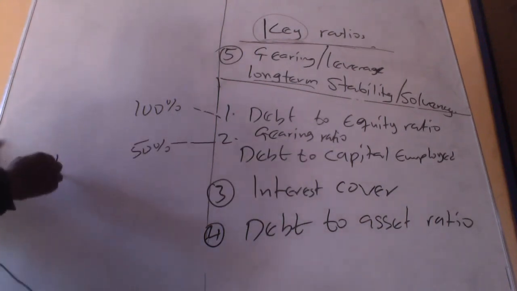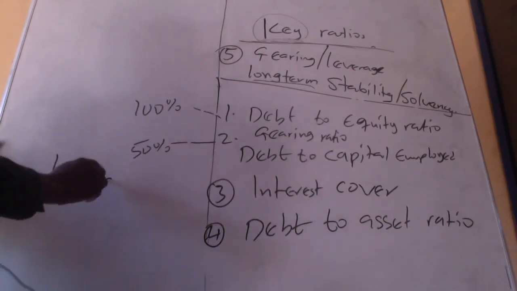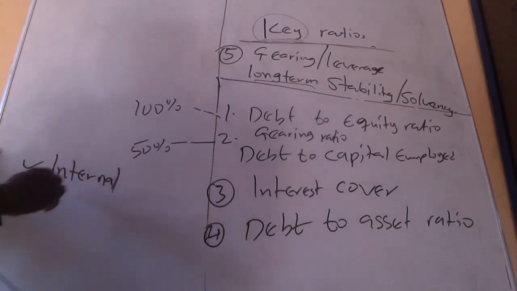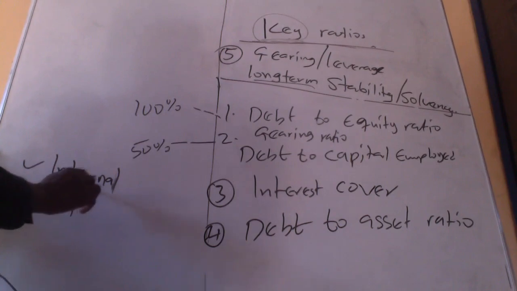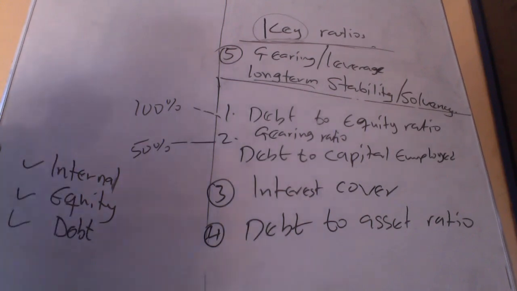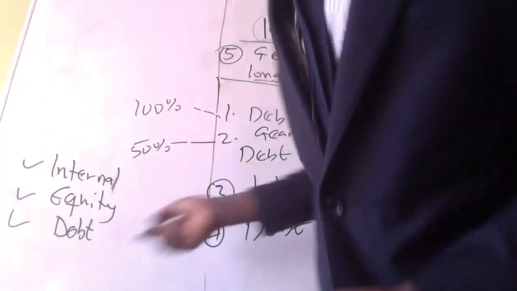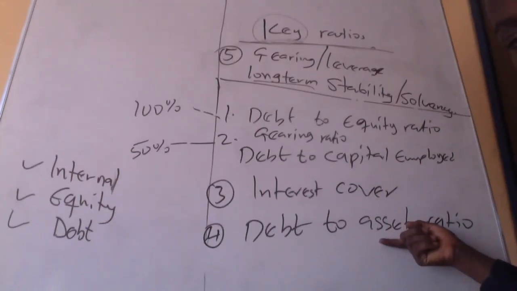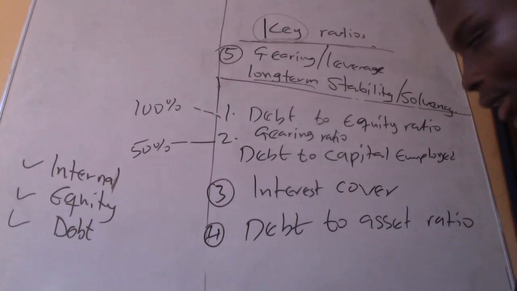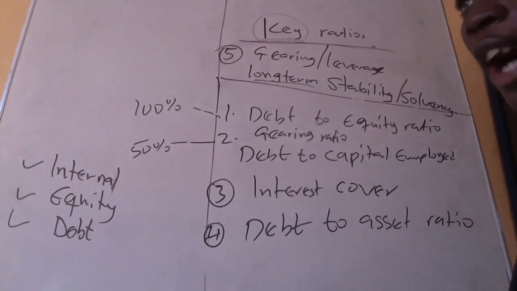One, internally, you can use internal funds. Two, you can raise shares, that's equity, to buy assets. Three, you can use debt, go for a loan and buy the asset that you want. That's all. So when we single the debt out, it is the proportion of your assets being financed by debt.